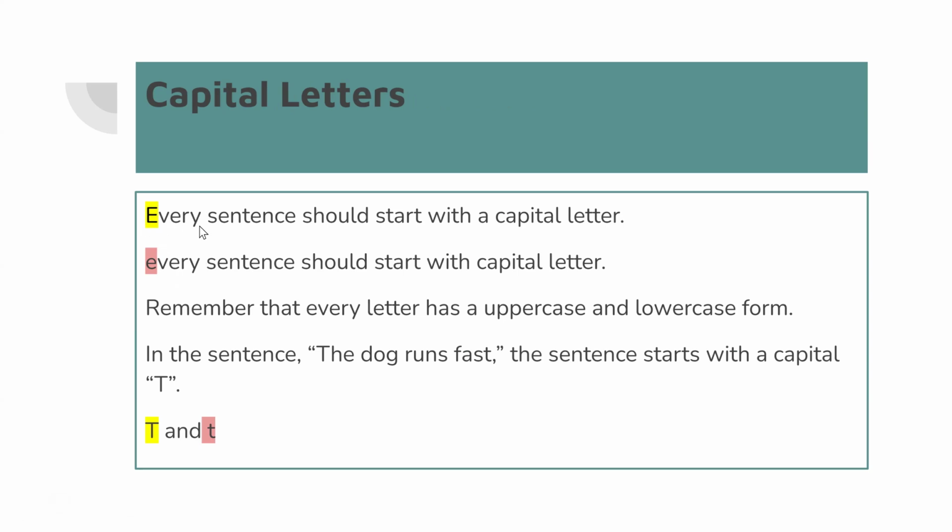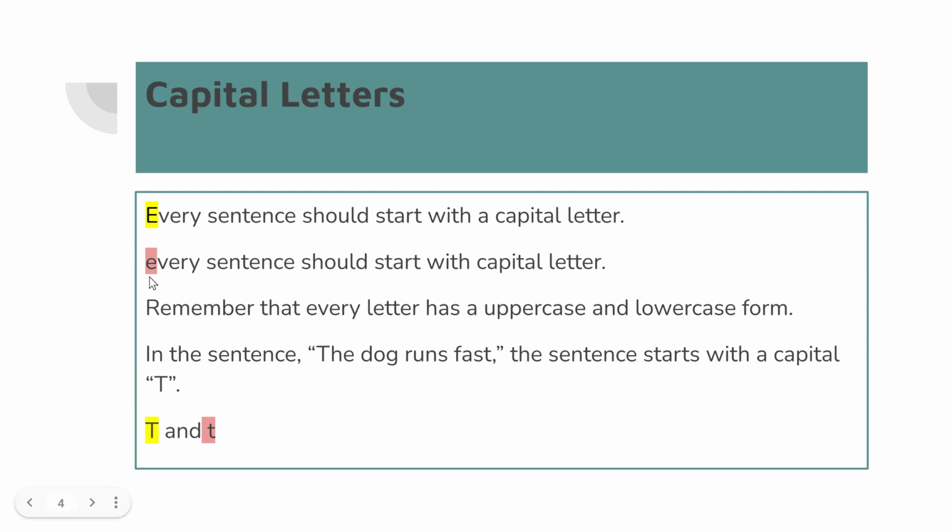The very first word, every, starts with a capital E, which is highlighted in yellow. If we look at the sentence underneath it, every sentence should start with a capital letter, we notice the very first word, every, starts with a lowercase e, which is highlighted in red. This is not a correct or complete sentence because it starts with a lowercase e instead of an uppercase E.